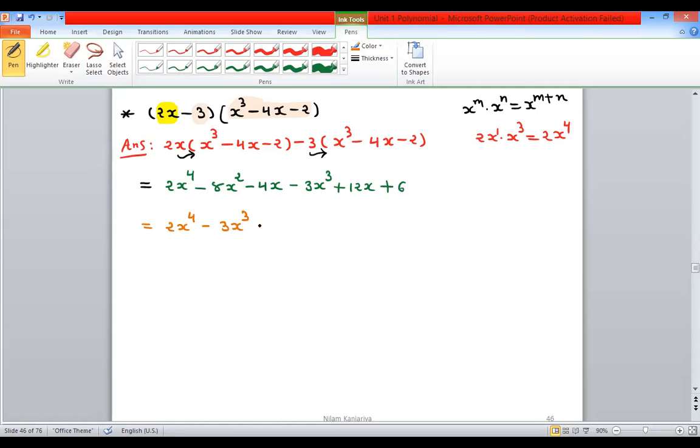Again minus 3x cube similarly as it is, but these two terms have the same variable. So I can add and subtract depending on their sign. One term is positive, the second is negative. 12 minus 4, it is plus 8x. And the constant is a single term, so it is written as it is.